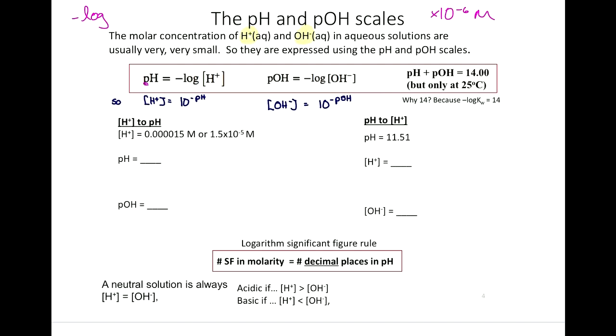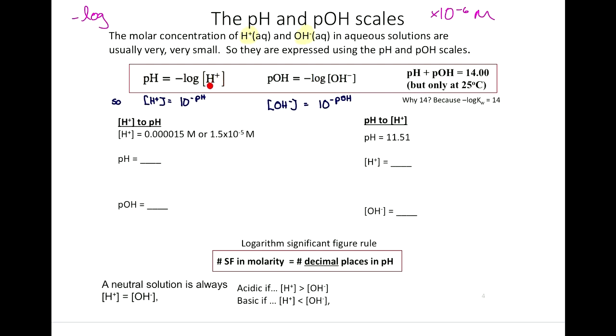So see how the name, like pOH, we take the concentration, we take the negative log of it to get pH. So if I asked you what is the equation for P bananas, that's just a function. It just means negative log of the concentration of bananas, all right? So P just means negative log of something, right? And so you see those two equations here, pOH is negative log of hydroxide concentration, pH is negative log of your H plus concentration.